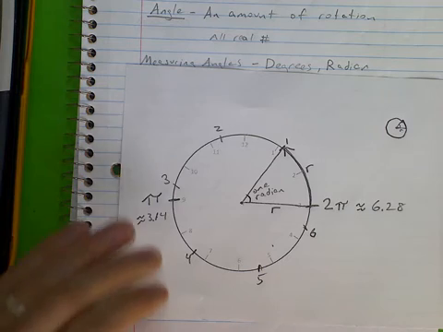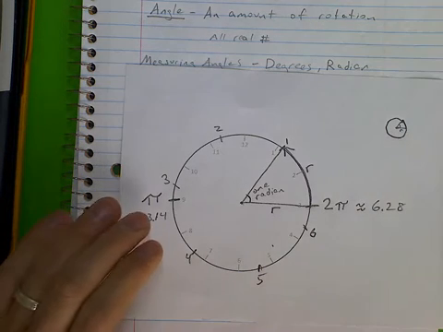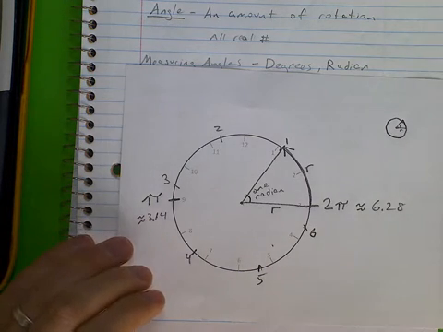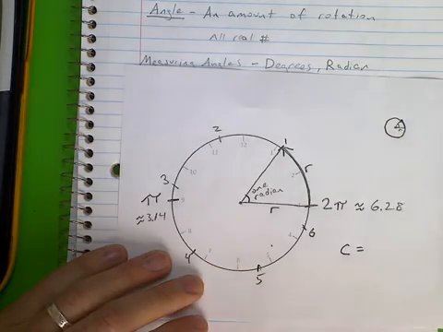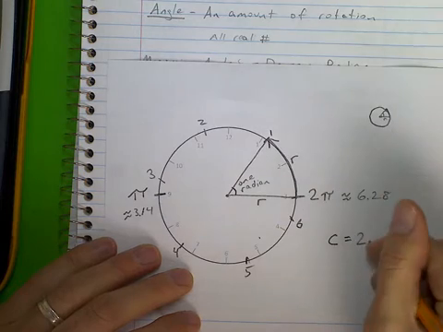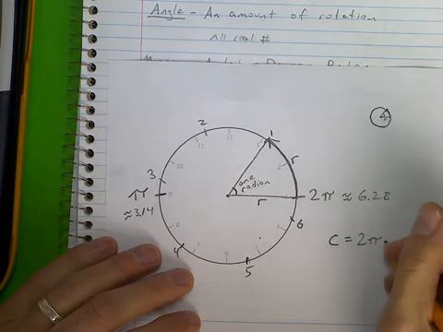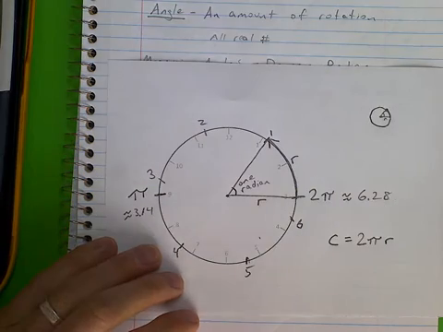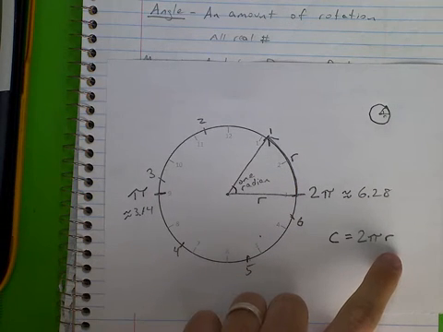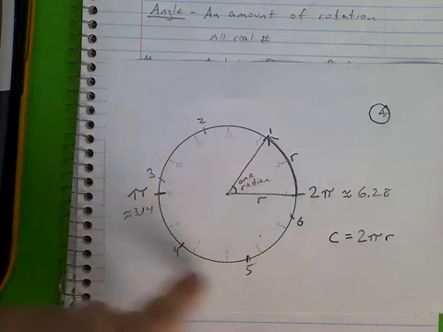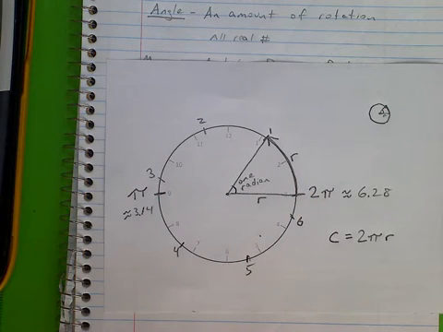Does anybody off the top of their head remember the formula for the circumference of a circle? In other words, the total length of the outer edge. Yeah, it's 2 pi r. It's 2 pi times the length of the radius. That's the complete outer edge of the circle, right?